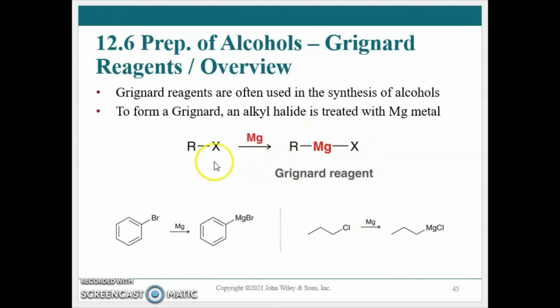So I said any halide, but it's chlorine, bromine, and iodine. Alkyl fluorides do not form Grignard reagents. And we can use either an alkyl halide or an aryl halide to make a Grignard reagent. So both are capable of forming the Grignard reagent.